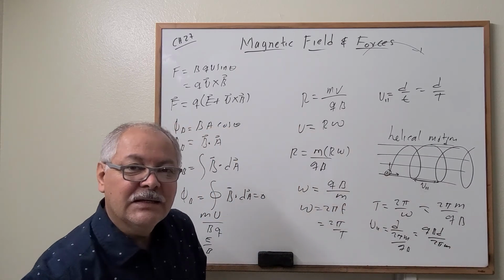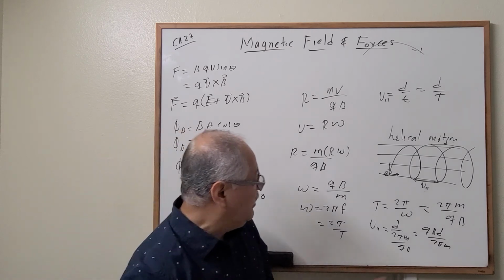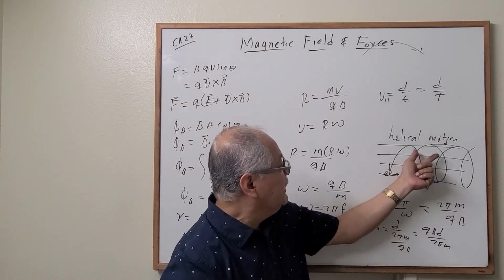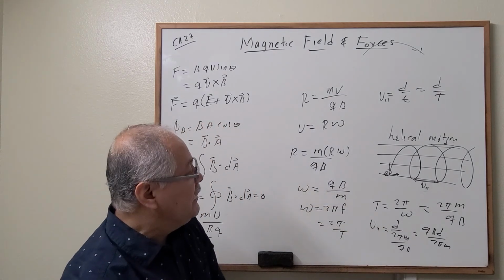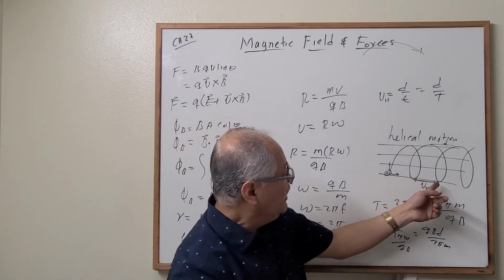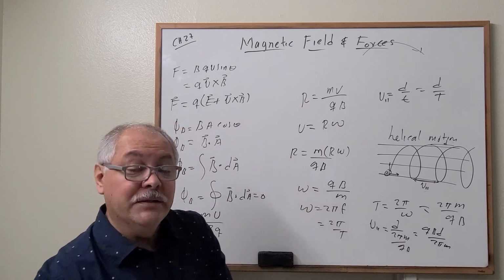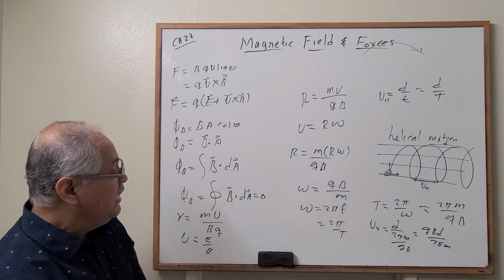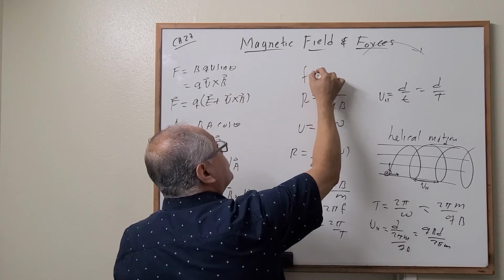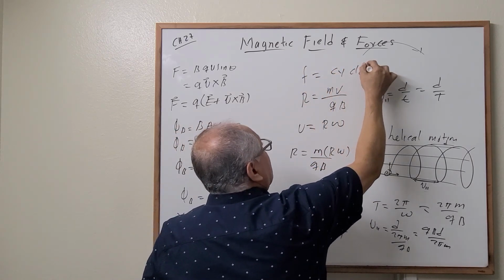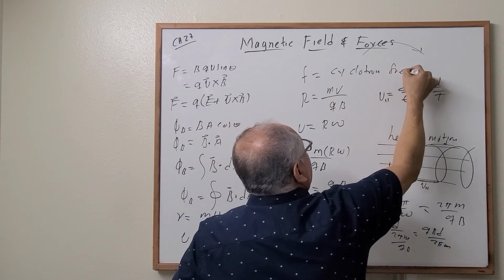So we can find again that velocity, or if we know this velocity, we can find the distance between these two points that produces one period. And one more time, this frequency f is called the cyclotron frequency.